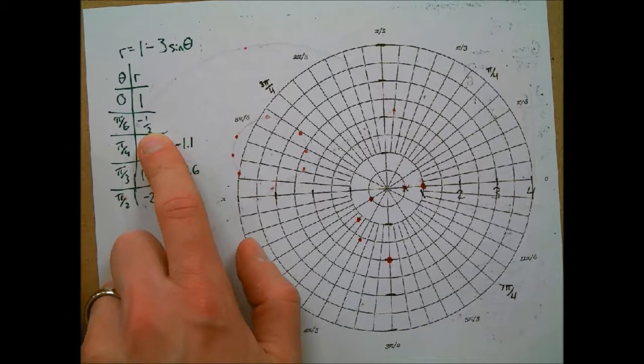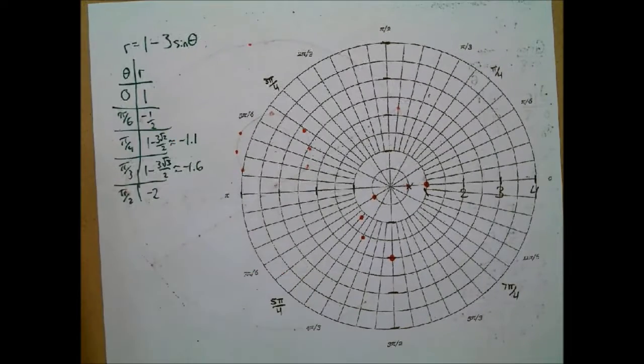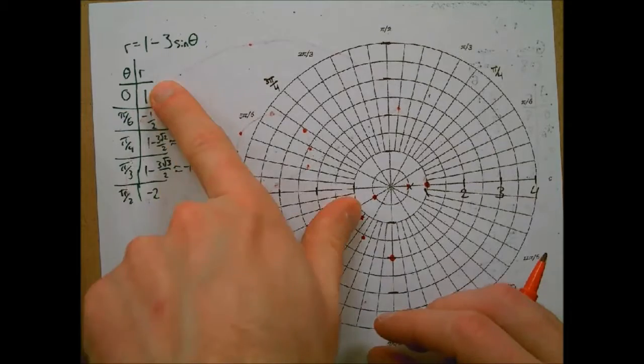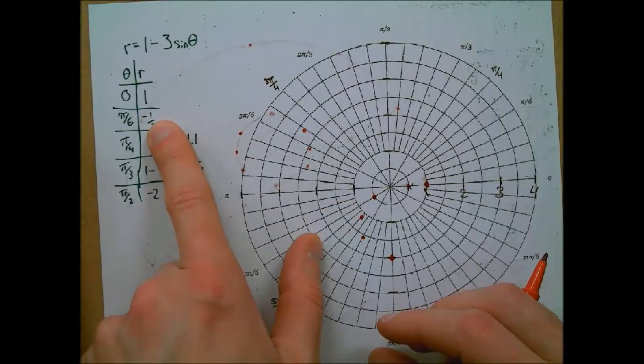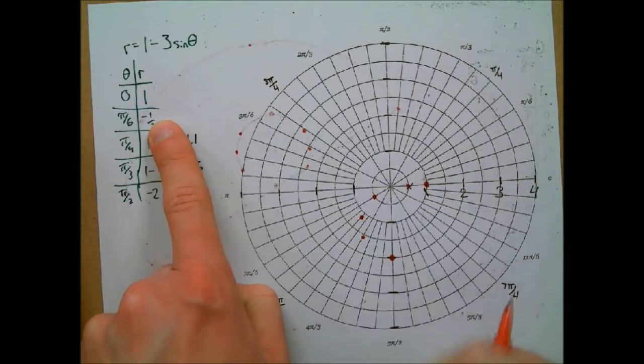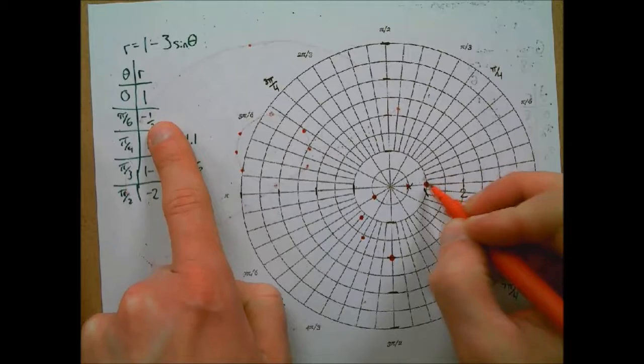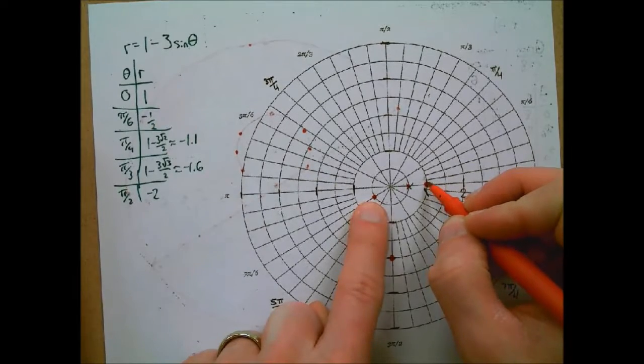For sure. If we're going from 1 to negative 1/2, we had better hit 0. That's like the intermediate value theorem, which will become more important to you in calculus. But anyway, we're going to hit 0, which means we're going to go through what point here? If we have an r value of 0, where are we? The pole. So as we rotate from this point right here around to here, we have to go through the pole at some point.